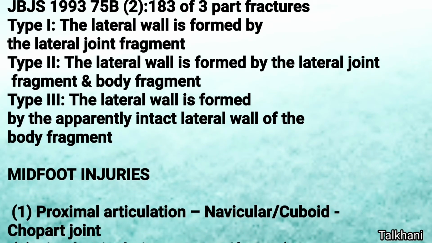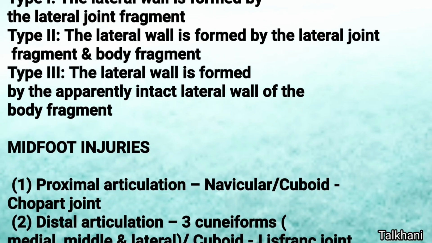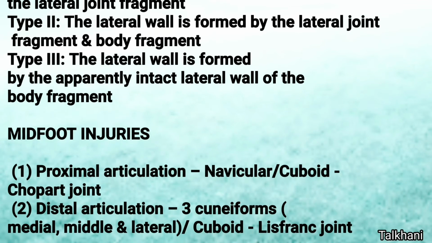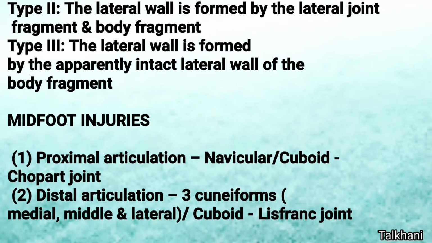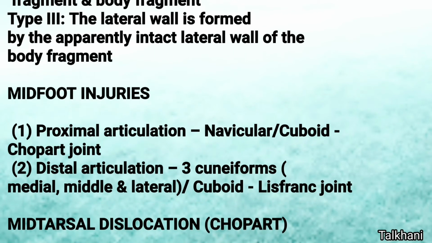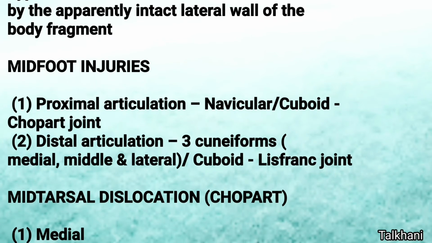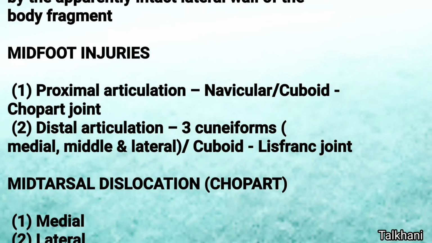Midfoot injuries can be: number 1, proximal articulation injuries involving navicular or cuboid, also known as Chopart joint injuries. Number 2, distal articulation injuries involving cuneiforms and cuboid, also known as Lisfranc joint injuries.